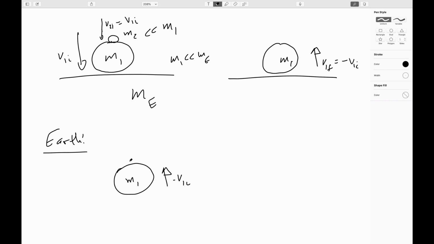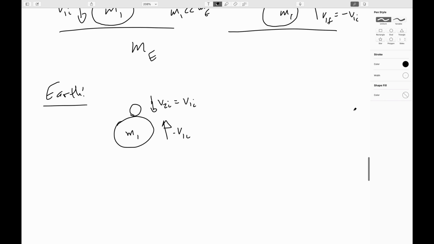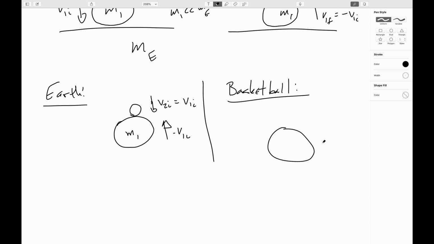And the super ball is still going down at V2 initial equals plus V1 initial. Now, since we only came up with the equations from the perspective of something being stationary, we have to change frames to the frame of the basketball. So now, if you're the basketball, what you're imagining is that you are just sitting still.